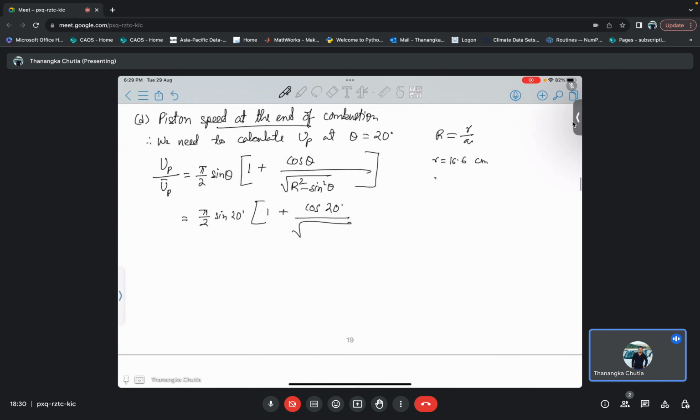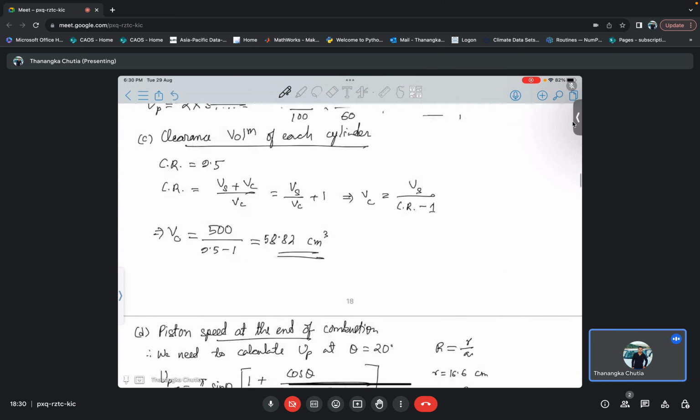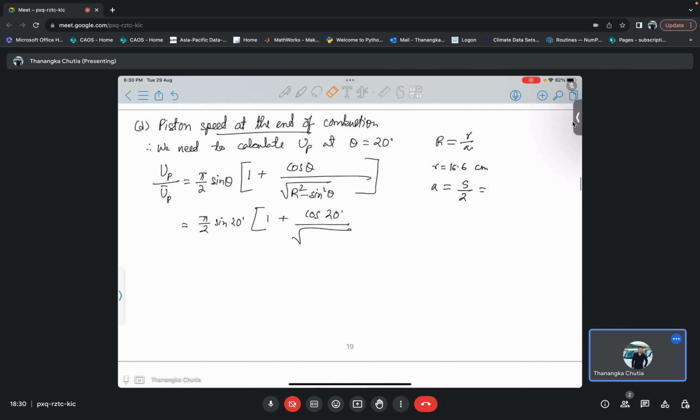A is equal to S by 2, and S is 8.6 centimeter divided by 2, which is 4.3 centimeter.